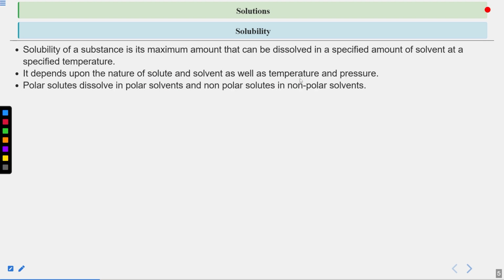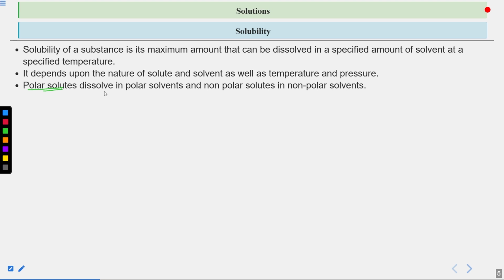The first thing I mentioned about solubility was the nature of the solute and solvent. Here in this example, we can see how you can decide the solubility from the nature of the solute and solvent. If I talk about polar solutes, then you know, like dissolves like.